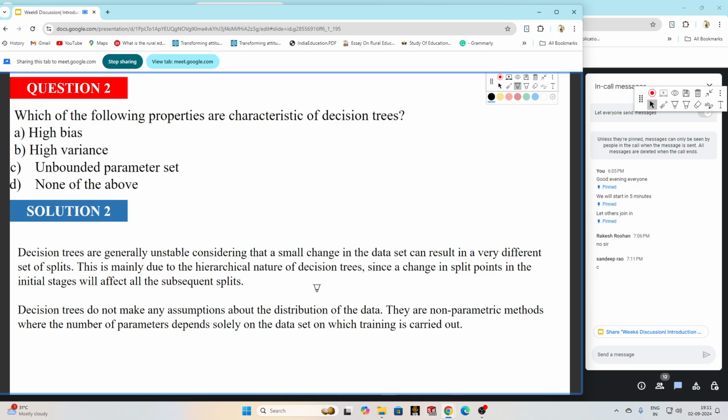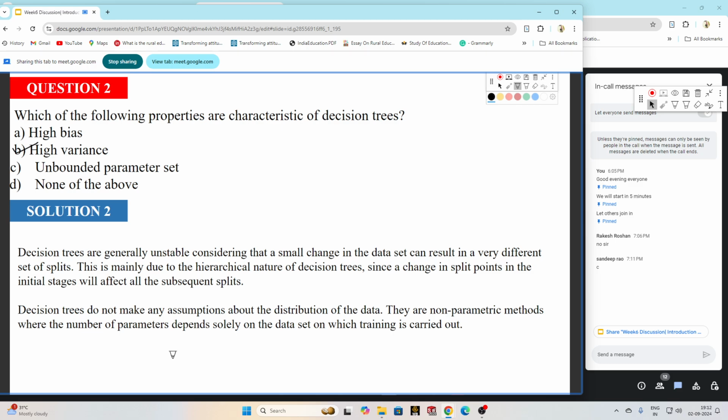If in any class out of 9 instances, earlier it was 4 and 5, now you have reversed 5 and 4, or 3 or 6, ultimately your information gain will change. So that is why the decision tree has high variance. So option B is true.